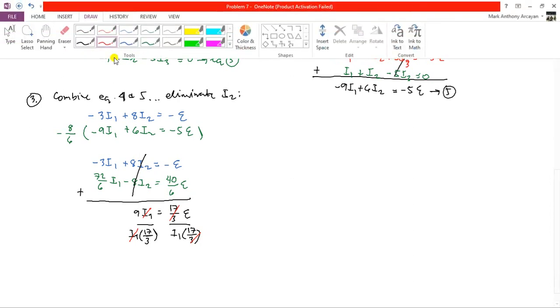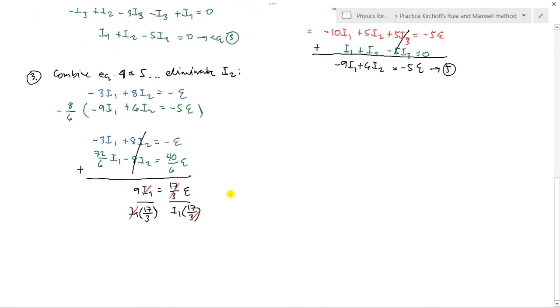So we now have an expression that is E over I1 is equal to 9 over 17 over 3. Simplifying, it becomes 27 over 17. 27 over 17 ohms is the answer, and that is also equal to the R equivalent that we are looking for.